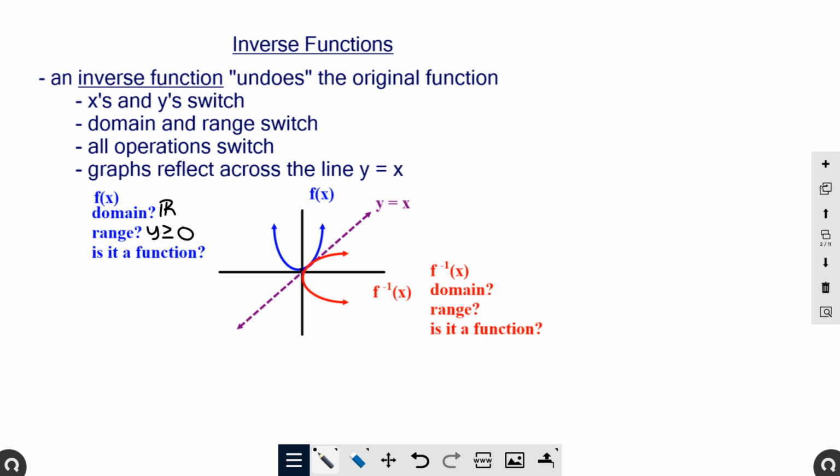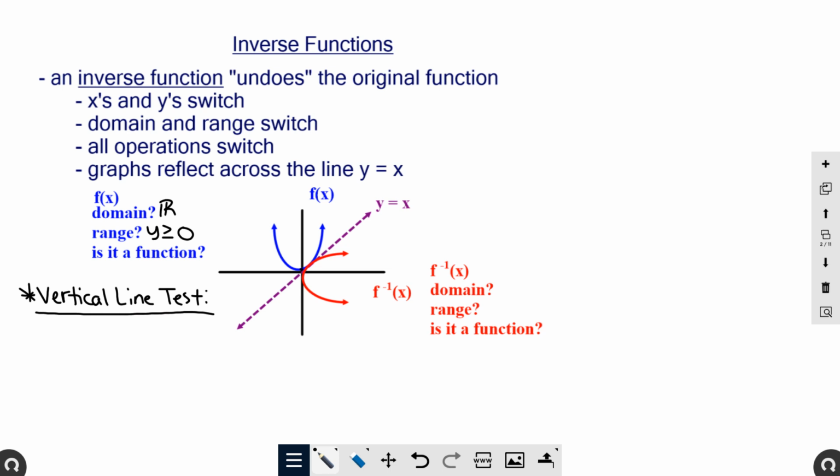Now, to determine if something is a function, for this question we're just going to say yes or no. But to determine it, we use the vertical line test. You've probably heard about it before, definitely in Math 1.